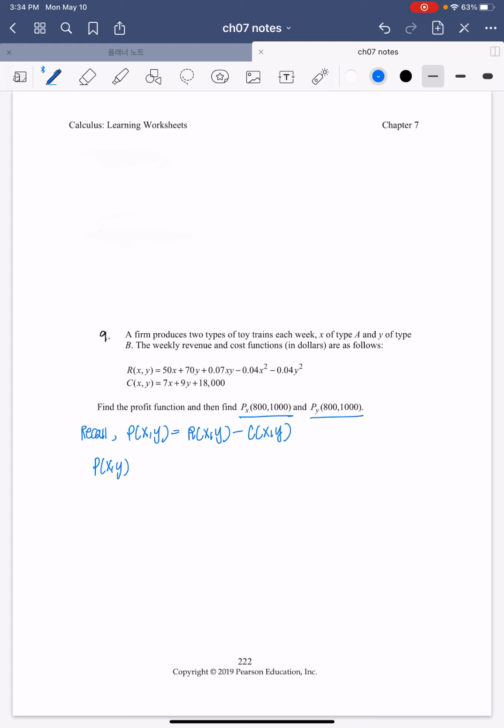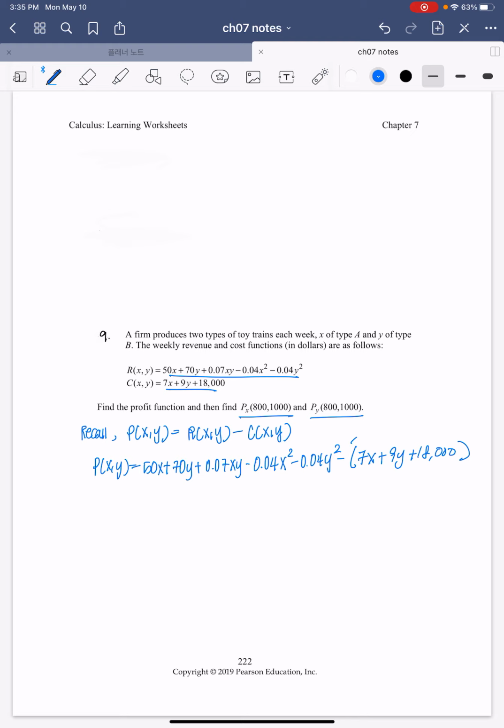So I'm going to have this subtract this. So 50x plus 70y plus 0.07xy minus 0.04x squared minus 0.04y squared minus 7x plus 9y plus 18,000.